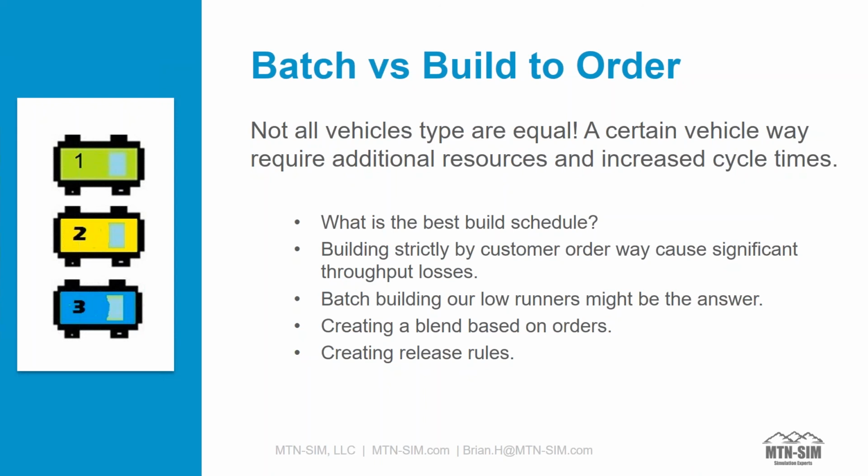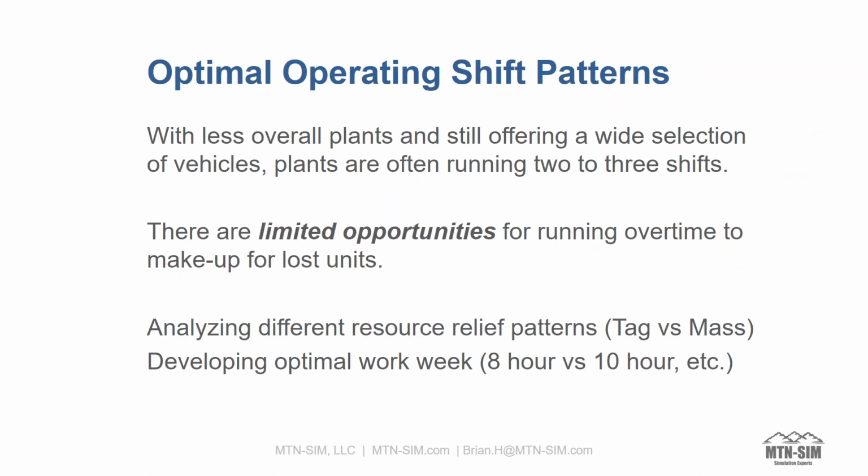So what is the best build schedule? Often we try to build to a customer order, keep it as close to the customer order as possible. And if we have a low runner, maybe vehicle 2 requires a greater cycle time, that could cause potential throughput losses for vehicle 1 and 3. In other words, vehicle 2 would be pacing the line.